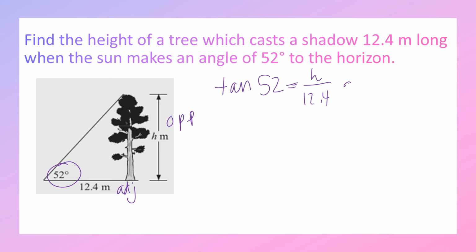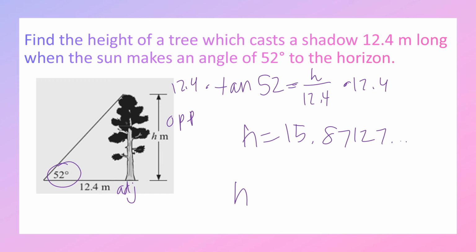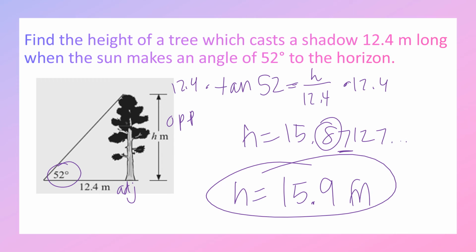To get h, we need to multiply both sides by 12.4. And you end up getting h is 15.87127, and it keeps on going. So again, we're going to round. Because this is a 7, this rounds the 8 up to a 9, so it would be 15.9 meters as our answer.